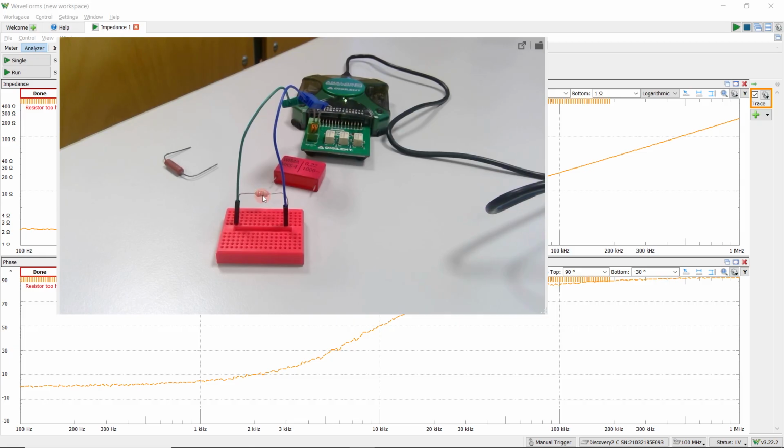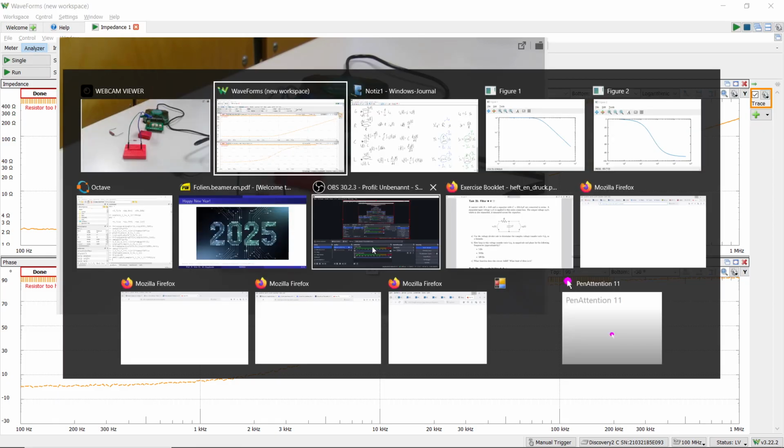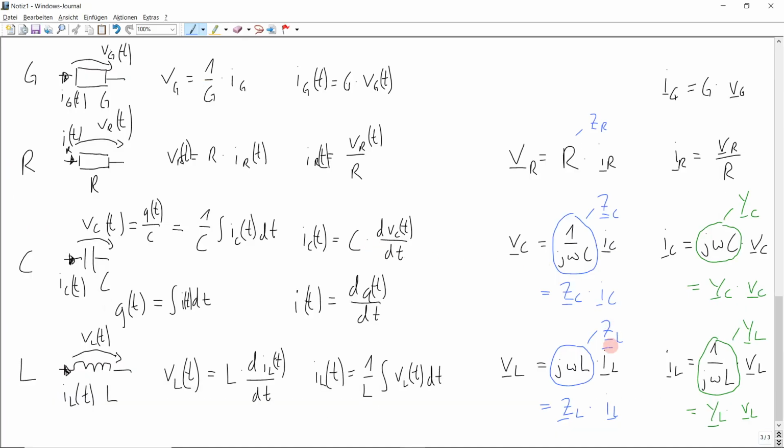So this inductor is made out of a wire, and the wire, of course, has resistance. And so if the frequency is very small, and if the inductance is not too high, then the inductive impedance is smaller in comparison with the resistance.